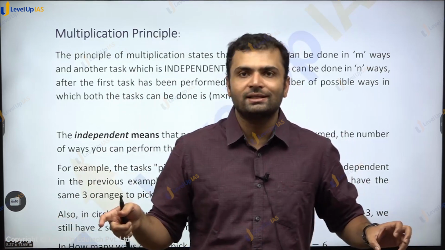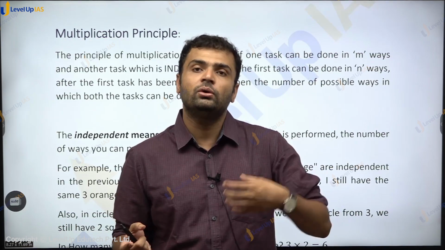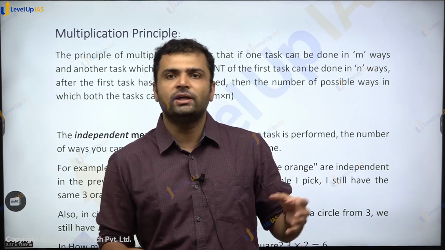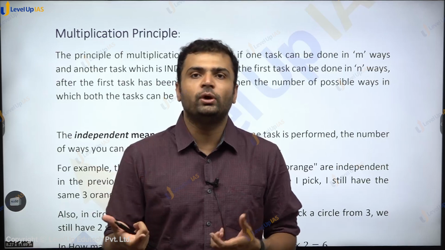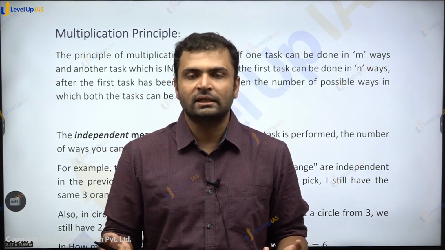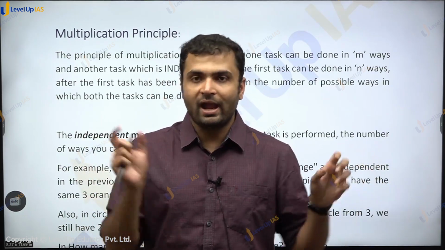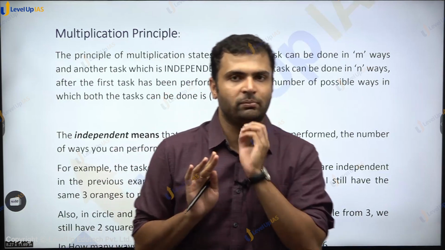So these two tasks are independent. Multiplication principle comes into action, and the number of possible ways of choosing both shape 1 and shape 2, or a circle and a square, is 3 into 2, so 6. We want to choose a circle and we want to choose a square, और मतलब multiplication. That is your multiplication principle.